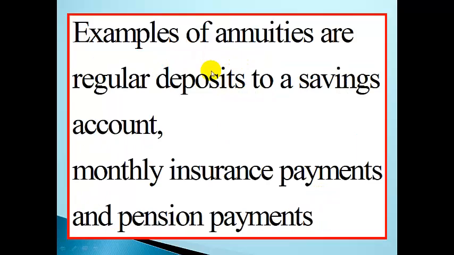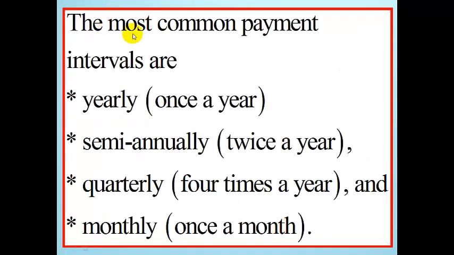Examples of annuities are regular deposits to a savings account, monthly insurance payments, and pension payments. The most common payment intervals are yearly, that is once a year, semi-annually, twice a year, quarterly, 4 times a year, and monthly, that's once a month.